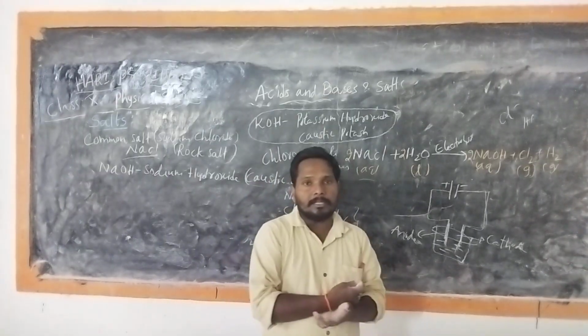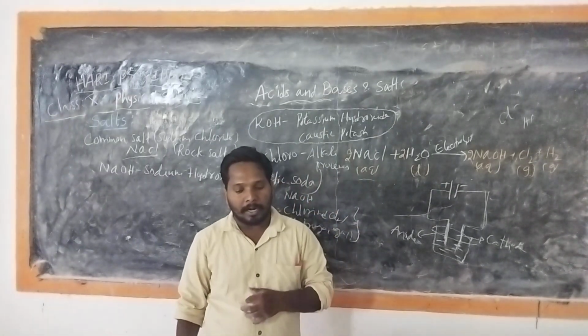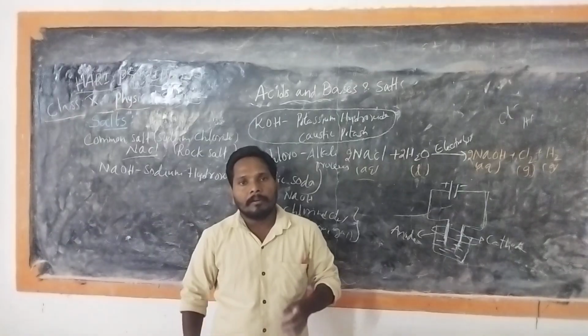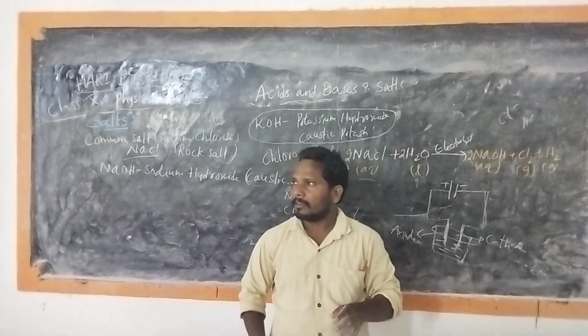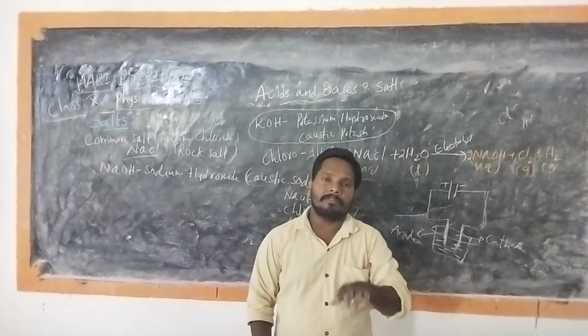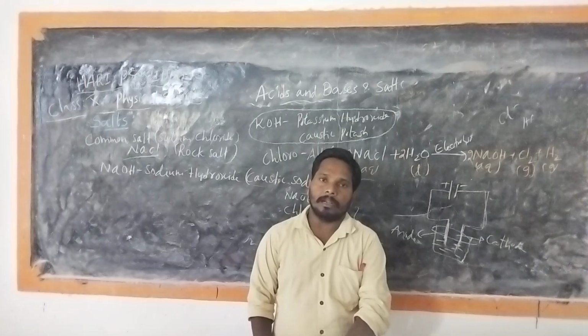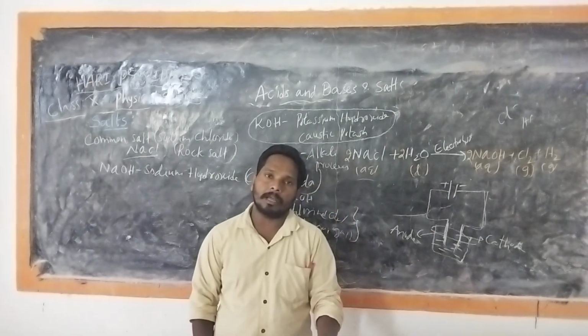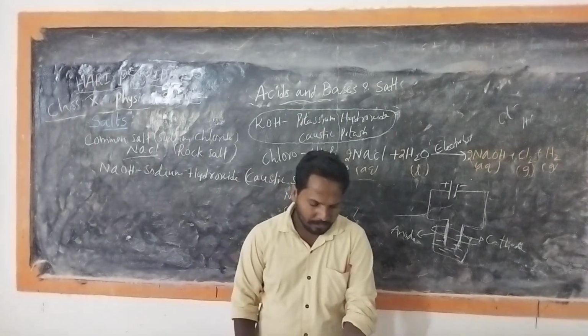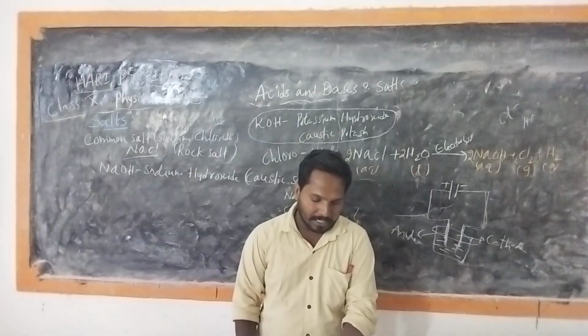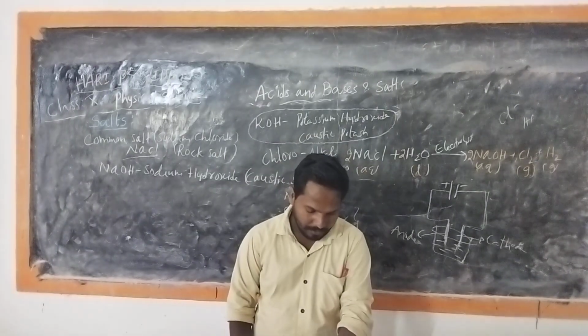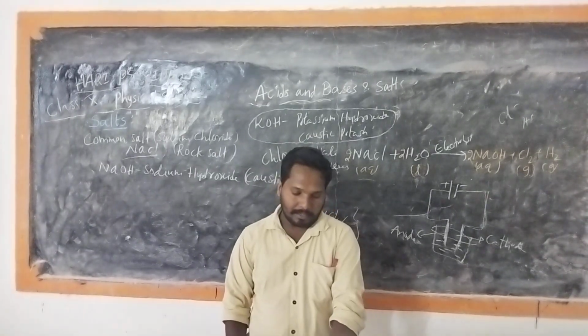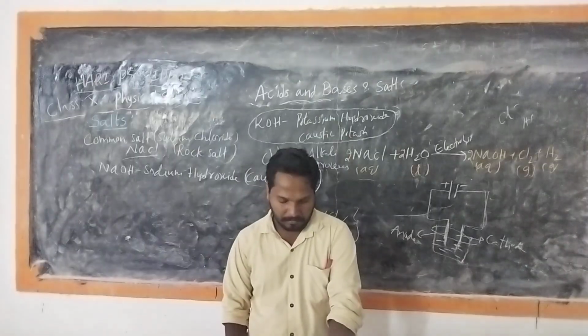Then one more product obtained from the electrolysis of common salt, or brine solution, is chlorine. Chlorine is used to sterilize drinking water supply and water in swimming pools.